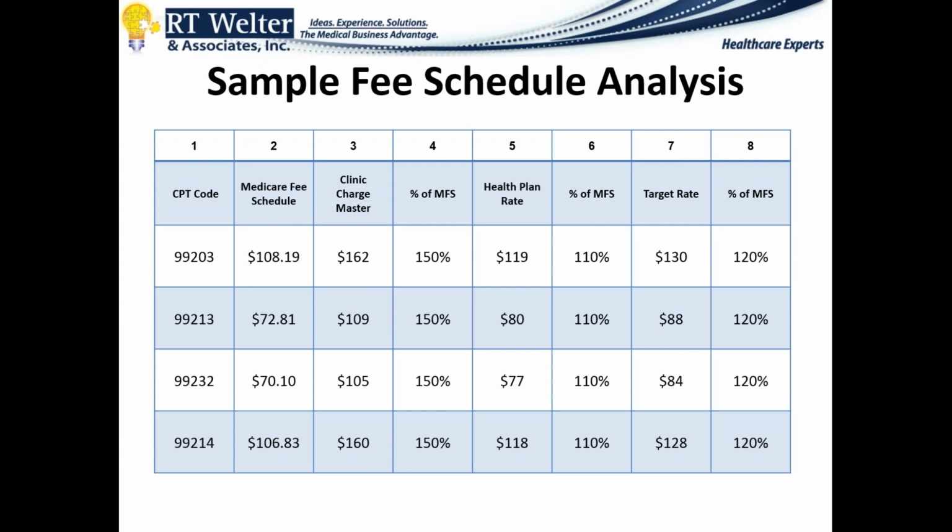We go to the health plan, we say we want 150% of Medicare. They come back, same thing, 110%, which is $80. We say, no, we want 120%, that's where we're comfortable. Then we would be looking at $88 for a 99213 as far as reimbursement.